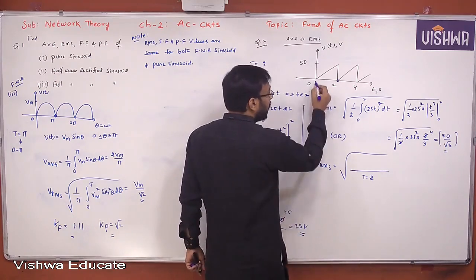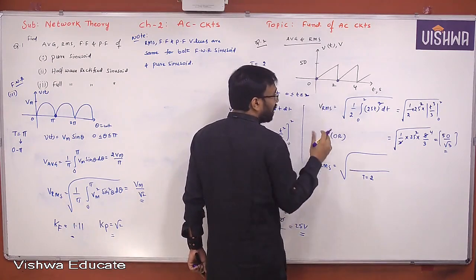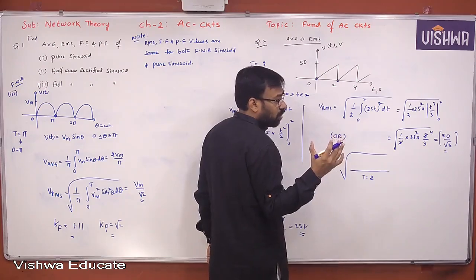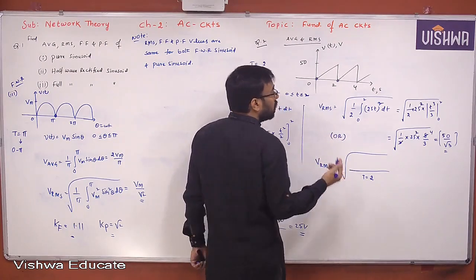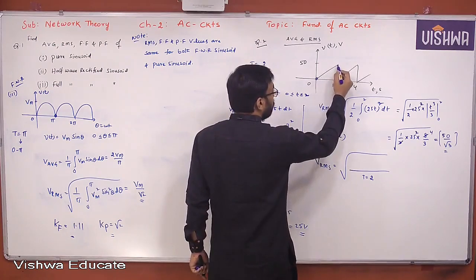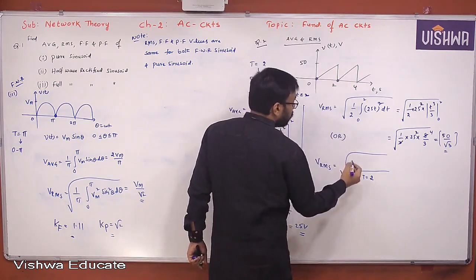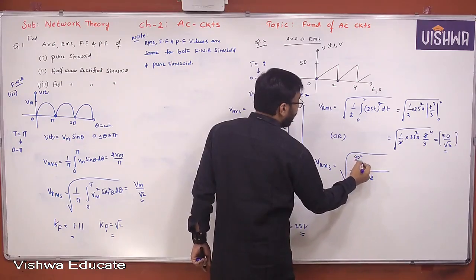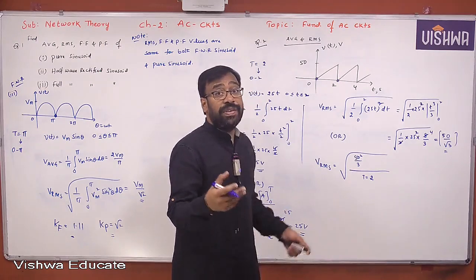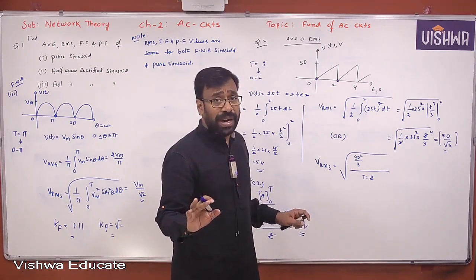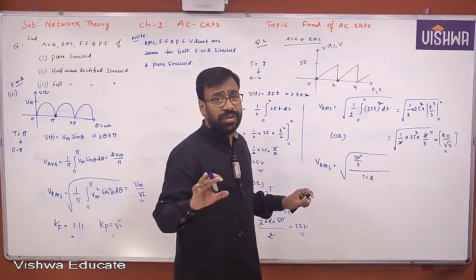Now you see in the first cycle, what are the types of waveforms you have? Step function or ramp, or what kind of waveform you have? If it is a ramp, then what is the height of this ramp? 50. So take 50 square by 3. If you have a step, let us say only 50 square. That's it. No by 2 or no divided by 2, no divided by 3.